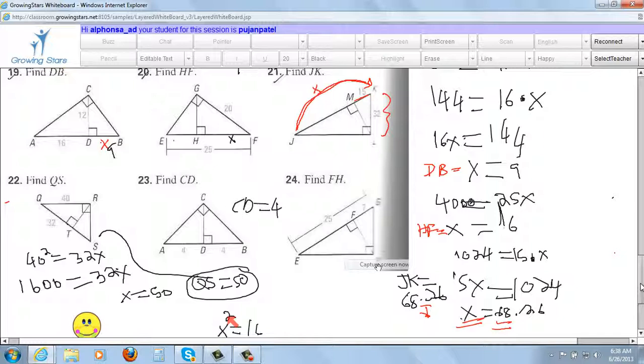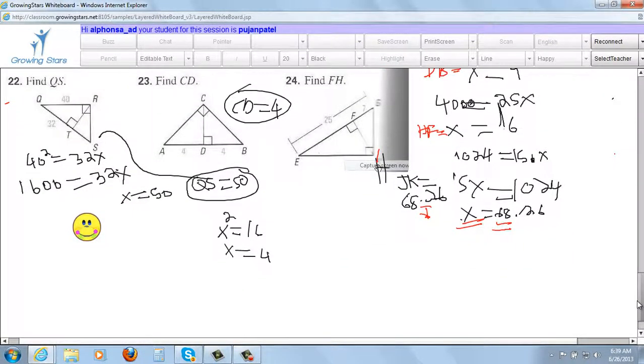And the last one there, FH. H is here. Okay, so FH is, X squared equals, is it 7 times 18?